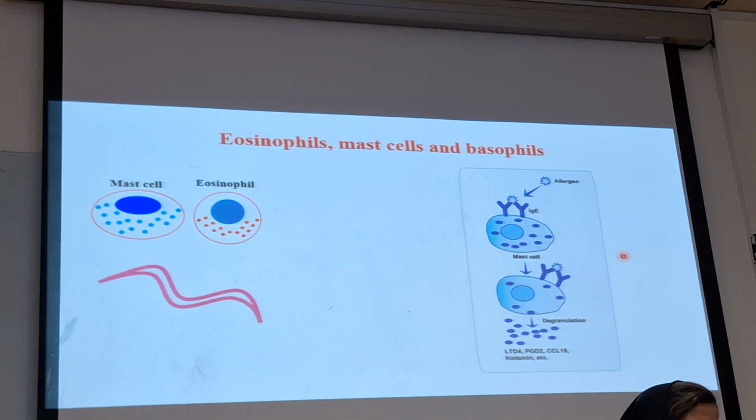And what about eosinophils, mast cells, and basophils as the other innate immune cells in our body? These immune cells, mast cells and eosinophils, are very important in allergic reactions and also in defense against helminth parasites.